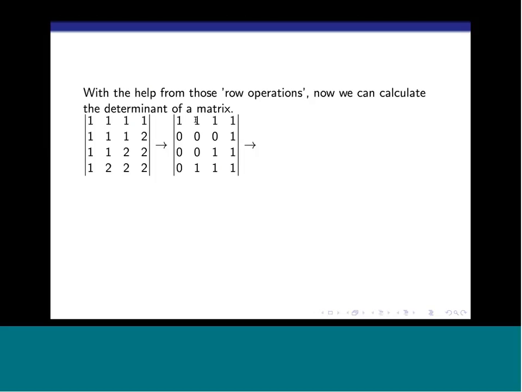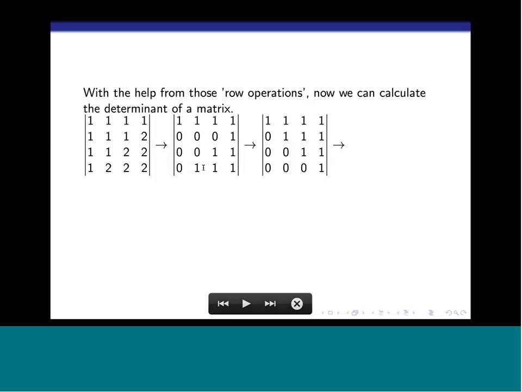The second matrix, you already feel is much better to calculate, right? So many zeros. Now I'm going to switch the second row and the last row, just to switch them. It becomes like that now.